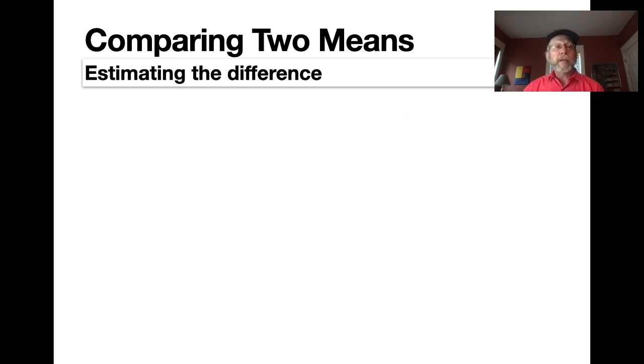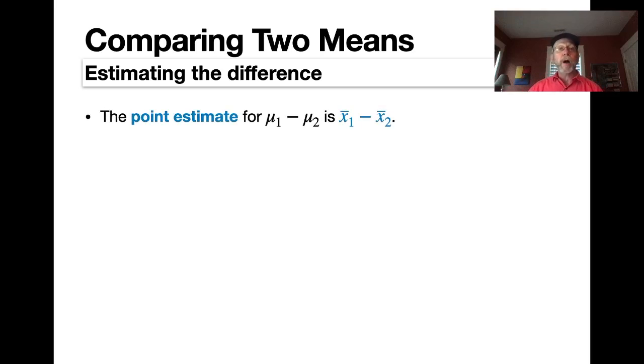So let's first look at the confidence interval problem of estimating the difference between the two means. What we're trying to estimate here is the difference between the population means, mu1, the average time at location 1, minus mu2, the average time at location 2.